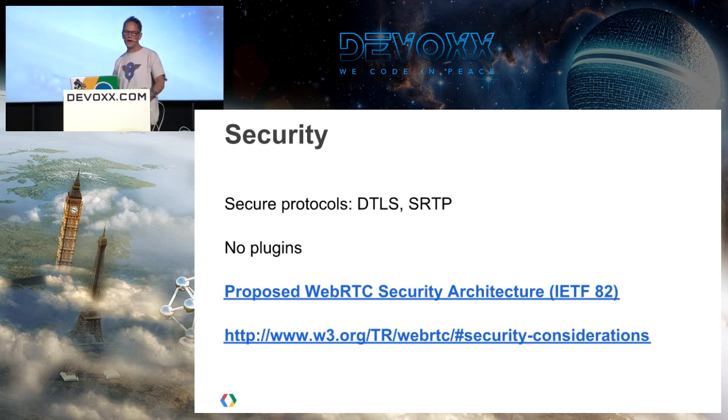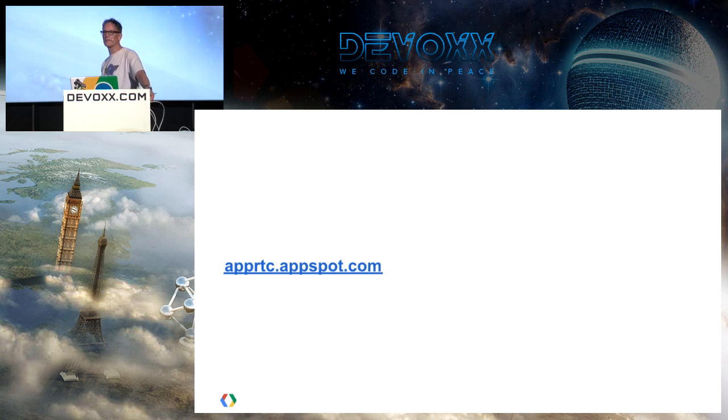There is a rather long document, if you want to have a look at it, on the IETF, and there's a section in the W3C spec for the security which just says TBD. But obviously the secure protocols and the absence of plugins make this, I think, very secure relative to any other alternative.